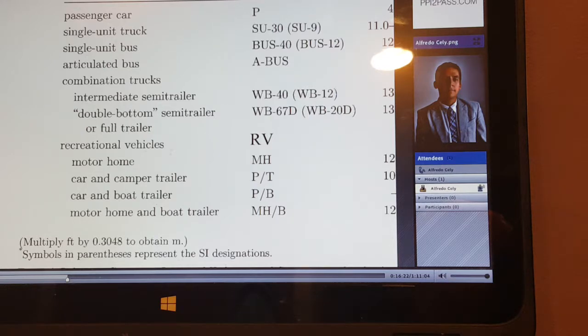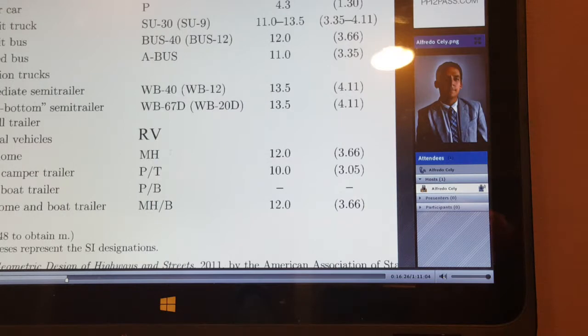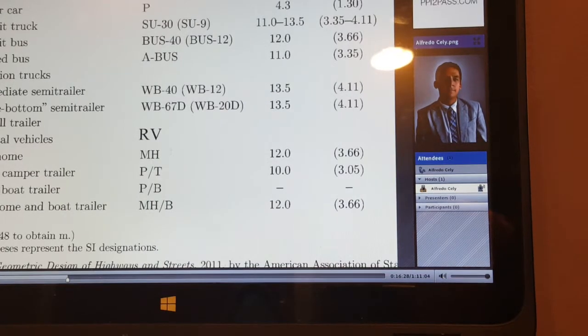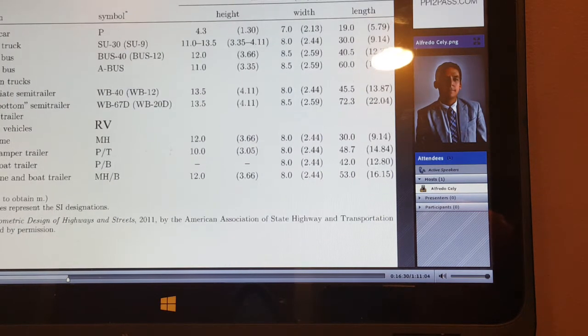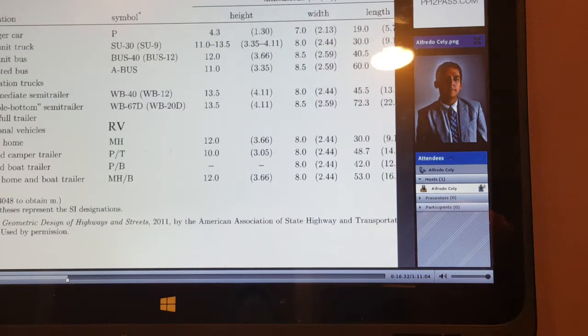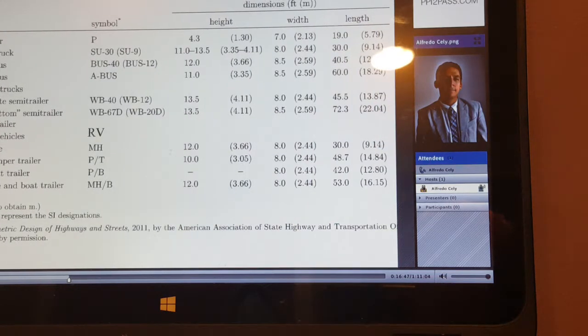Now let's go through the different dimensions. So let me perhaps zoom out a little bit. So the dimensions are given in feet, and the parenthesis dimension is its conversion to meters. So a passenger car has a height of about 4.3 feet, a width of 7 feet, and a length of about 19 feet.